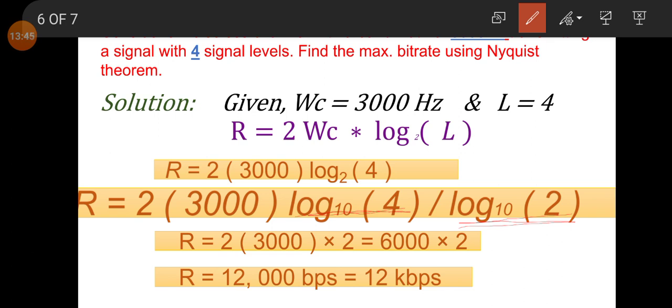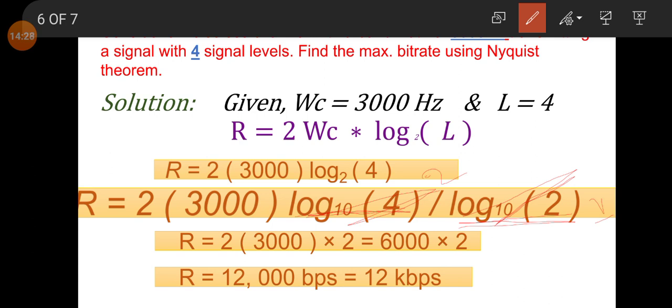So now, in the next step, R is equal to 2 into 3000 as in the previous step, into log of 4 divided by log of 2 with the base 10. Here base 10 because we have converted by dividing the value log 4 by log of 2. Clear? So when we divide log 4 by log 2 with base 10, we can cancel numerator and denominator. Here log of 2 once and log of 4 twice.